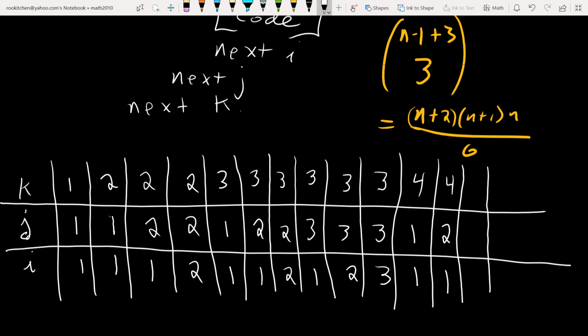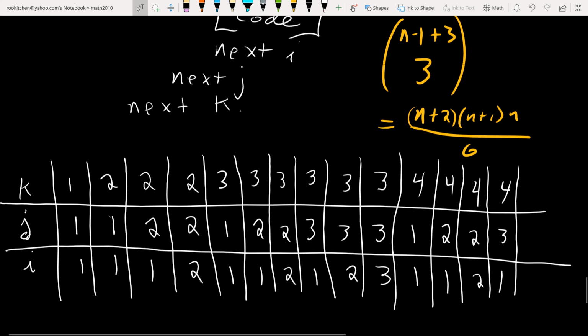So it's at 1, and then it goes to 2. There's no more I, so I step out and I have to go to my next J, which will be 3, and that'll reset the inner loop to go from 1 to 3.